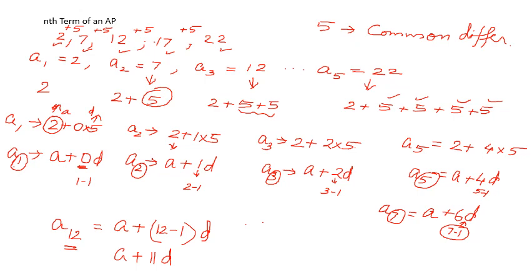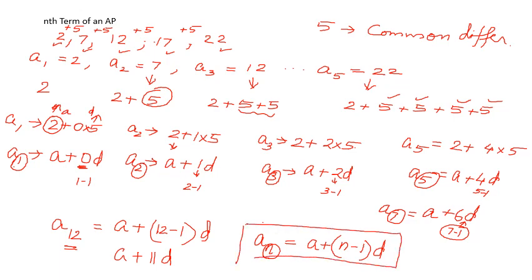Now if that is the case, I am asking you to find the nth term, AN. How will you find A plus. Here it is n. So what will you do? A plus n minus 1 into d. An equal to a plus n minus 1 into d. This is the nth term of an AP.